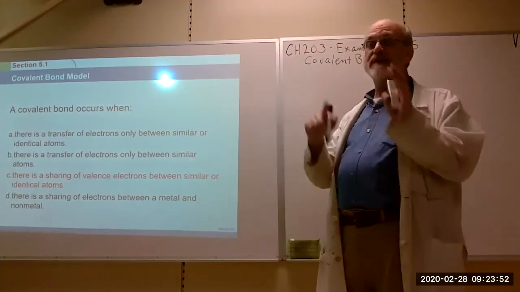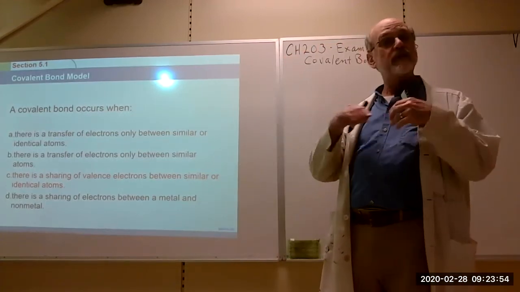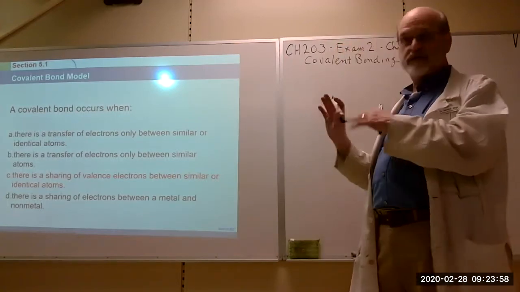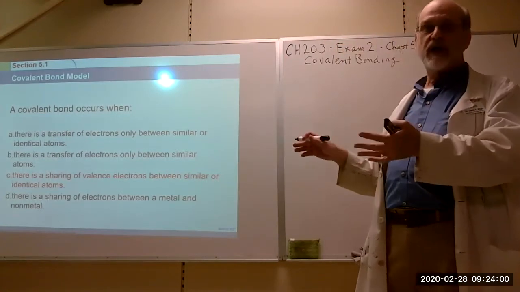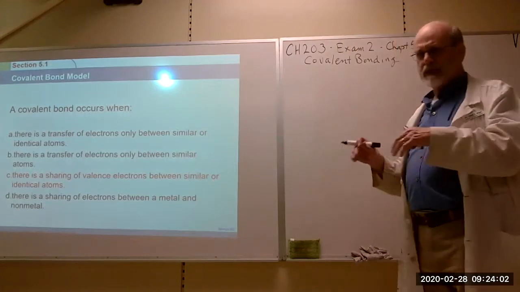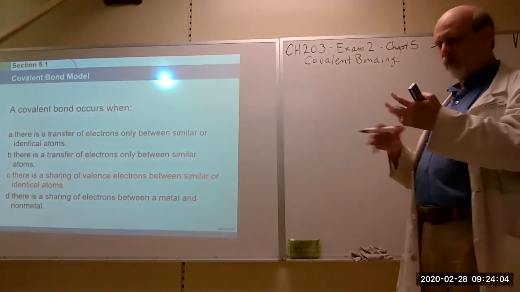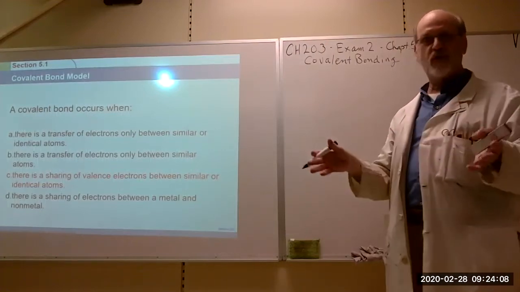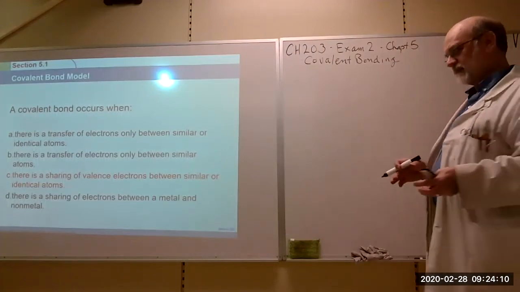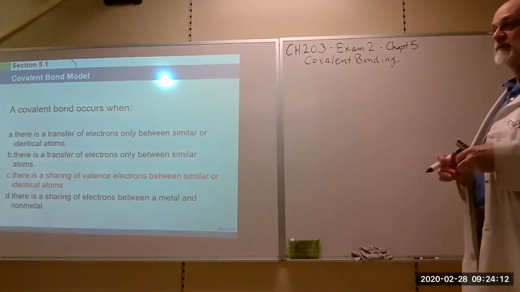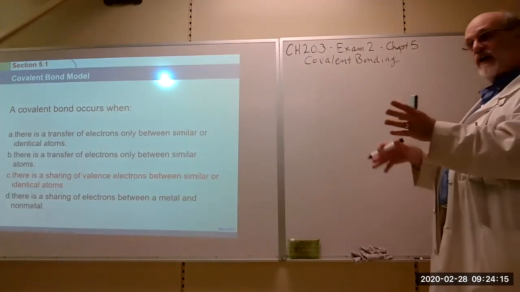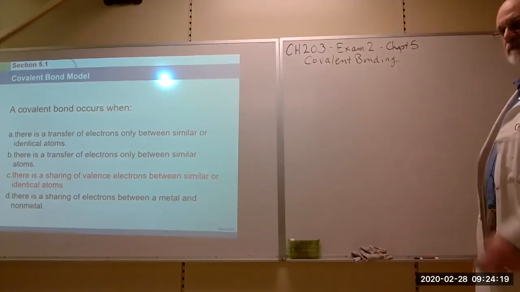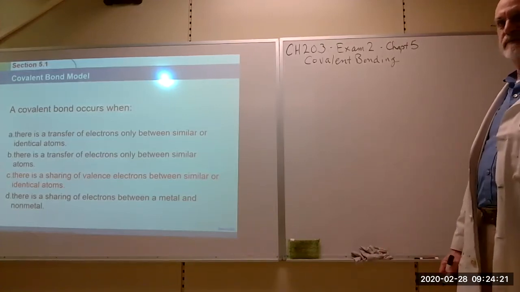If they're similar metals, then you have a different type of bond that we're not going to discuss here, the metallic bond, right? That takes a little more than we've got going for us in this course. So we just subdivide our bonds into ionic and covalent and let it go with that. We need a more advanced model to understand metals.